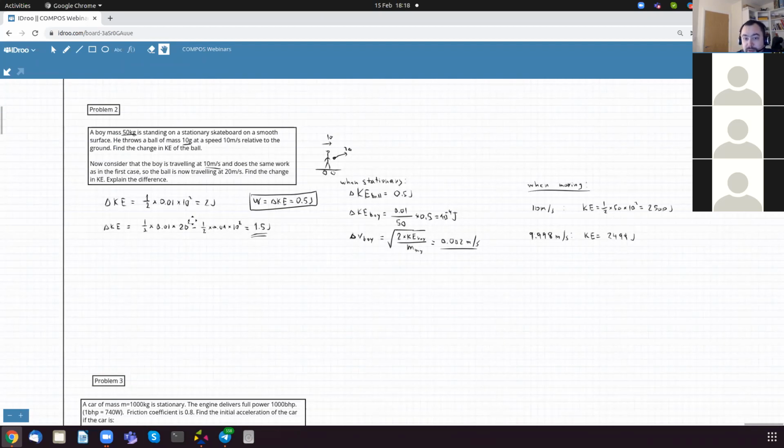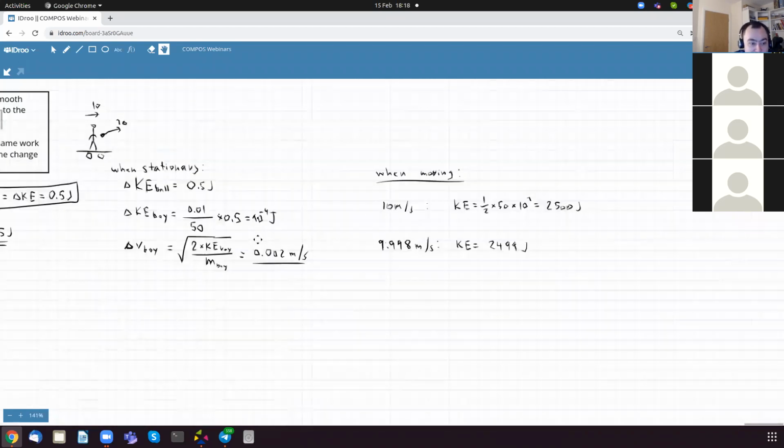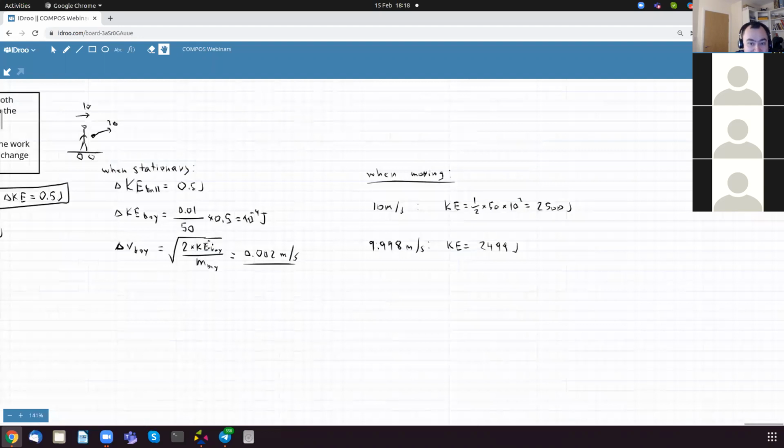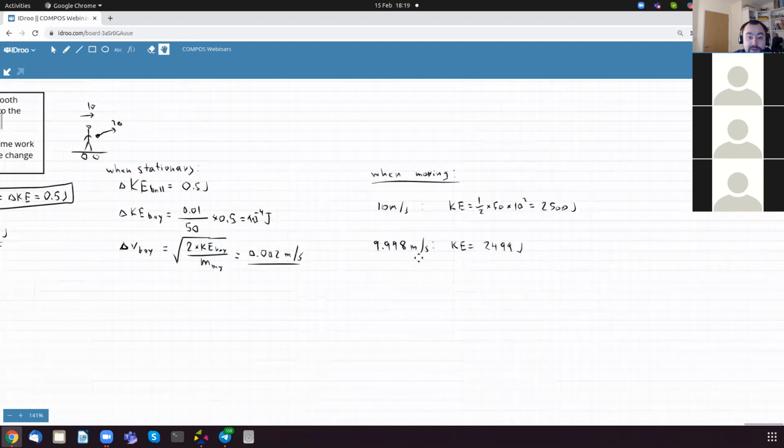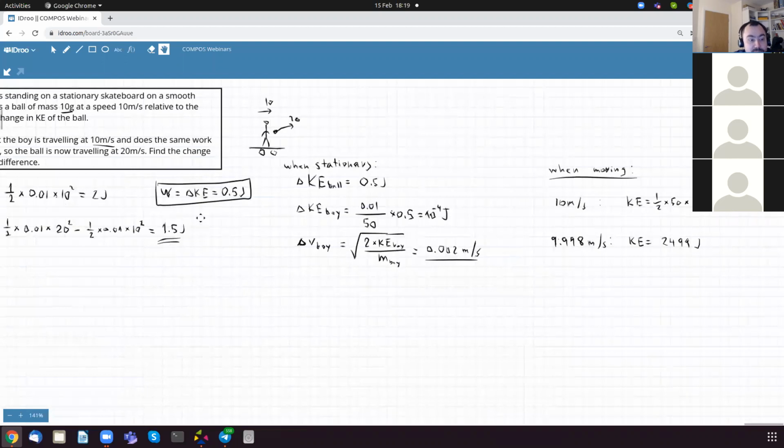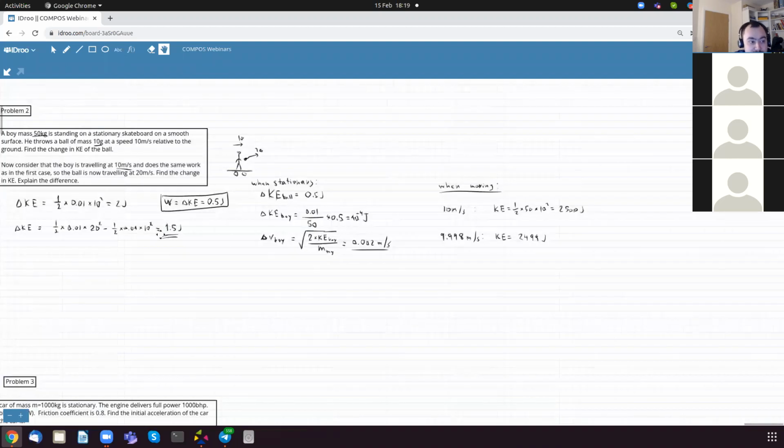And this is due to the boy's movement. His change in energy is very insignificant when he's stationary, but when he's moving, this change is more significant. The change is by 1 joule, which is enough to give the extra joule of energy to the ball.